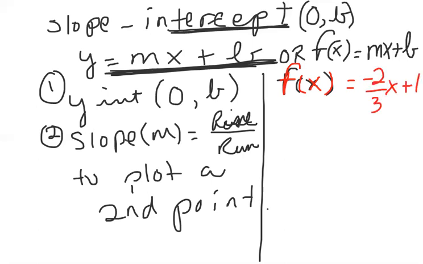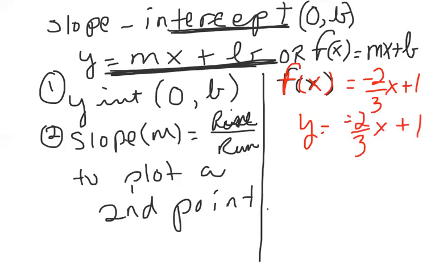All right, guys. Now, this is in function notation. If you're not comfortable with function notation yet, you can always replace f(x) with y. Remember, they're interchangeable. f(x) is y, y is f(x). So if you're not comfortable with function notation, revert back to using y, guys. So we can rewrite this as y = -2/3 x + 1.